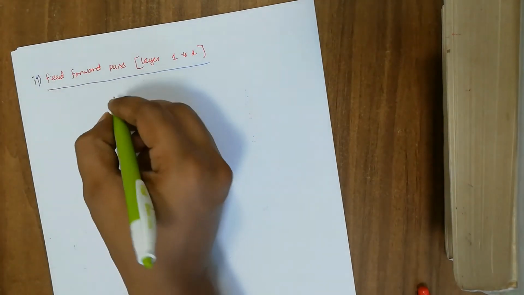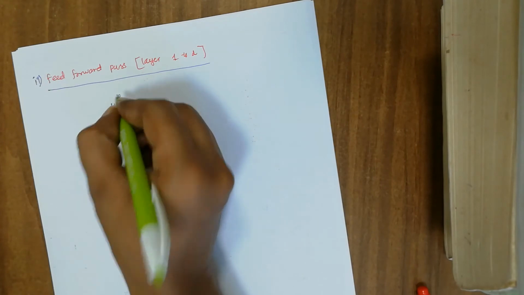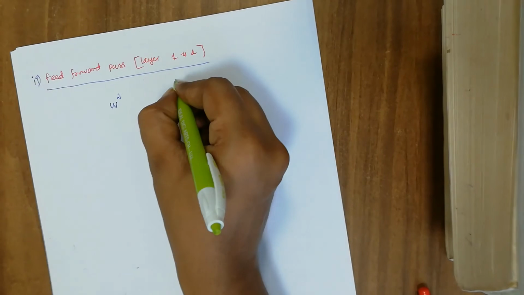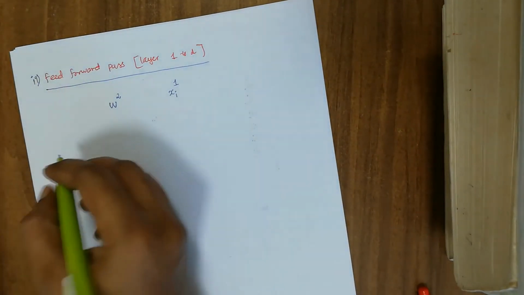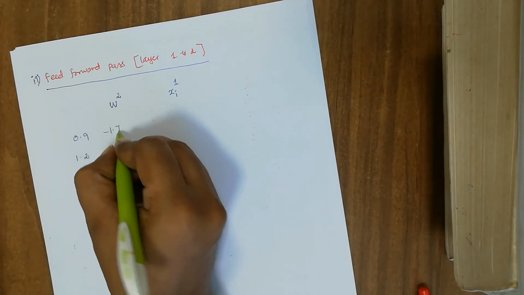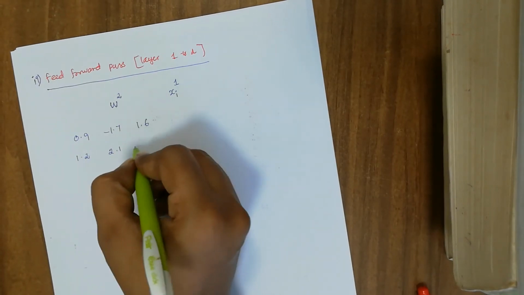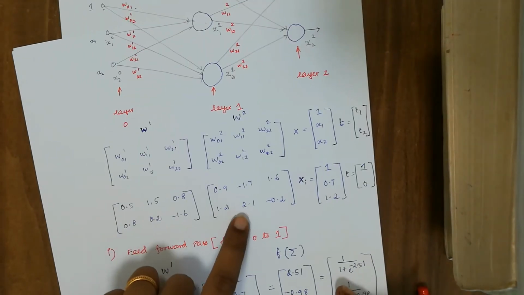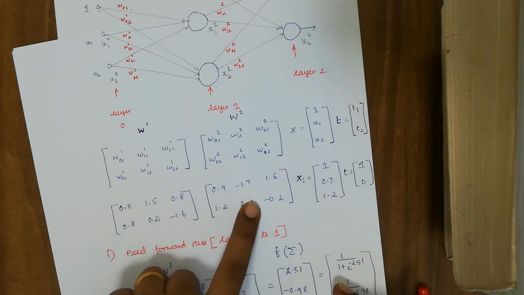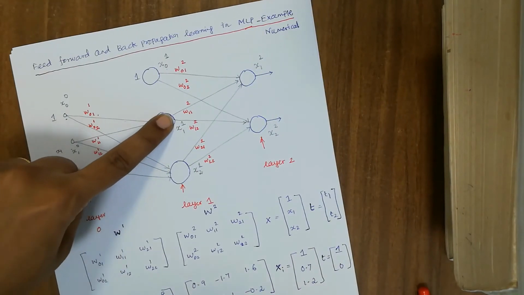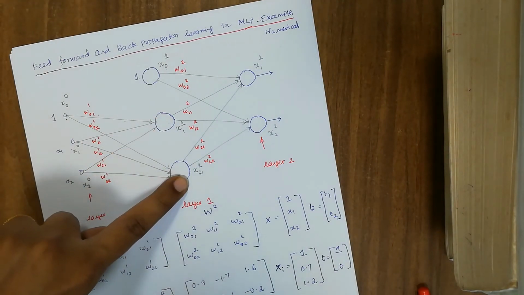Now we have to take capital W, which is the layer connecting to the second layer, and then xi in the first layer, all xi. So now let us take 0.9, 1.2, minus 1.7, 2.1, 1.6, minus 0.2. Now note down this W2 is nothing but this value. Now this value along with the computed x11, x21 we have to take.